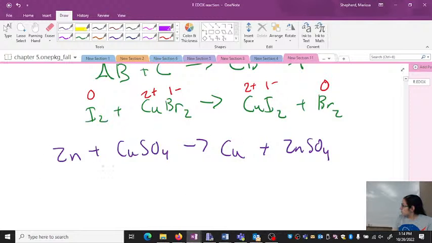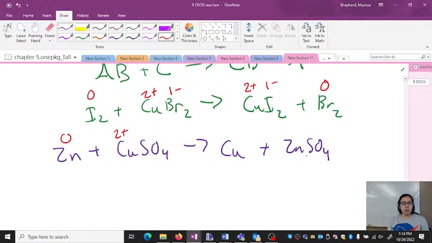And so then if we compare this metal down here, what's zinc's oxidation state? So 0. What's copper in this one? 4. Try one more time. So sulfate, SO4, 2-, right? So +2. We'll ignore the sulfate because we can tell nothing's changing there, it just goes from sulfate to sulfate.